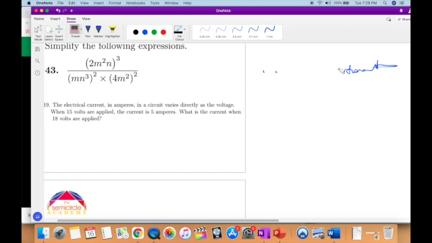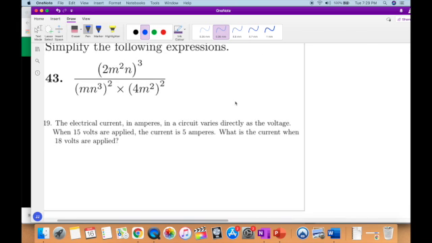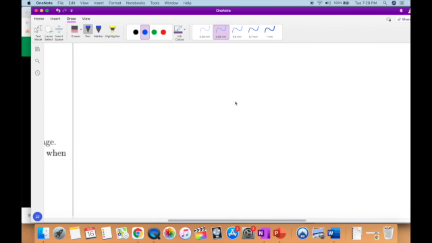Variation and proportionality. I'll just give you all a 2-second review of the topic. Let me just say, if your heart rate increases, that means that your blood pressure will increase.